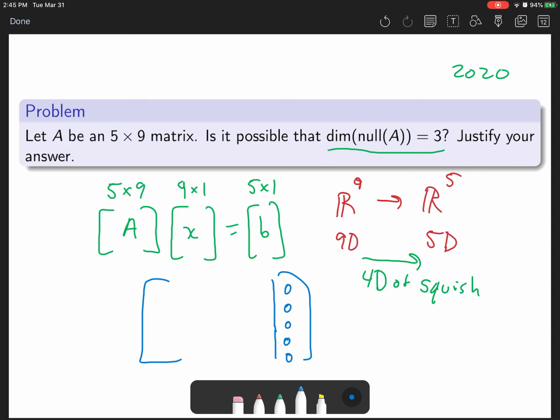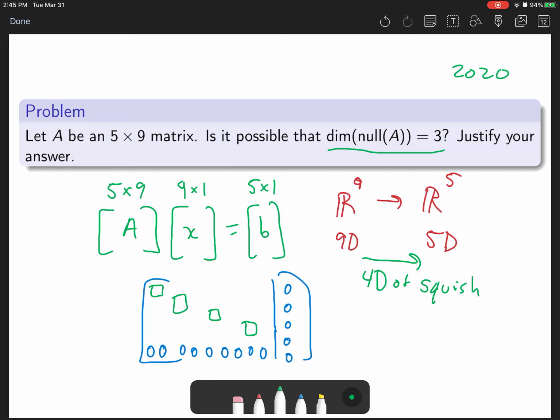But it's certainly possible that, after row reducing, 1, 2, 3, 4, 5, 6, 7, 8, 9, it's certainly possible to have a row of all zeros at the end after doing some row reduction, which would mean that we would have, let's say 4 pivots somewhere along the way here in the first 4 rows.